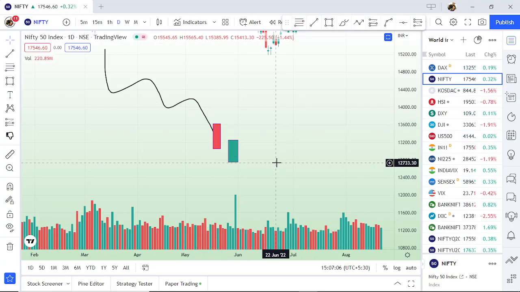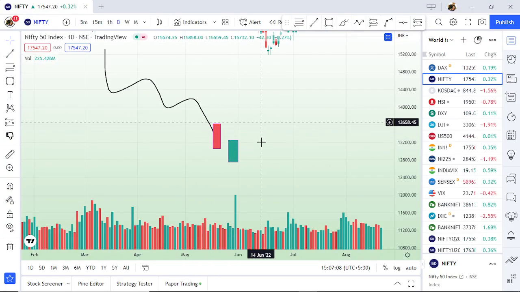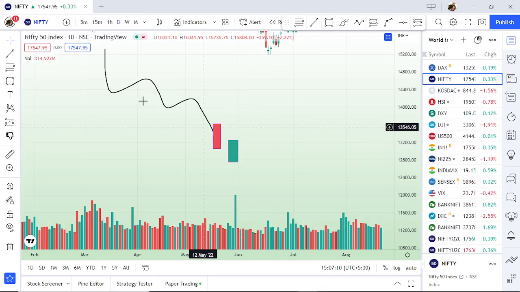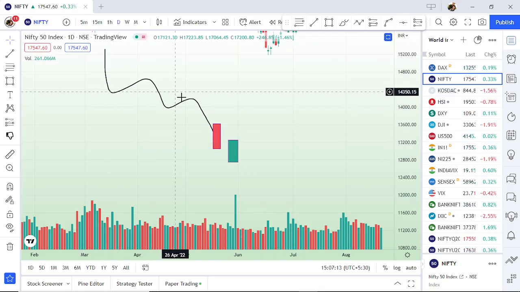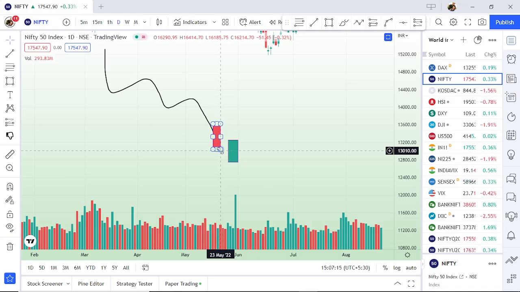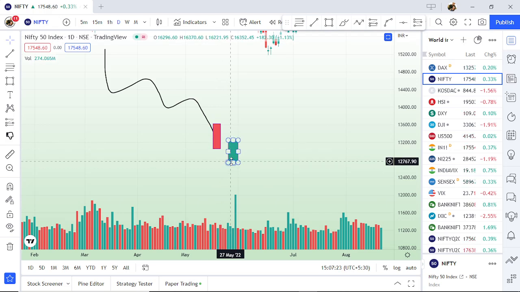So how can we know that the trend is going to reverse here? As this is continuing in a downtrend, the market did not open somewhere here, it gave a steep jump. From here to here they gave a jump, and when they open here, the seller's intention was to push the market even lower.